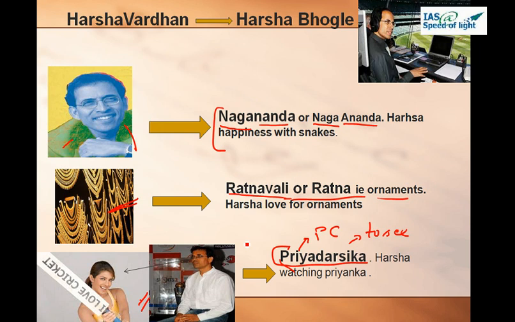First thing comes Nagananda, Nags or Ananda, happiness with the snakes. Second thing, he was wearing ornaments or Ratnavali, and he was watching Priyanka Chopra, Priya Darshika. So, right, these things are coming to your mind.